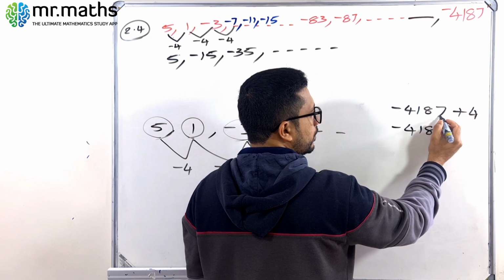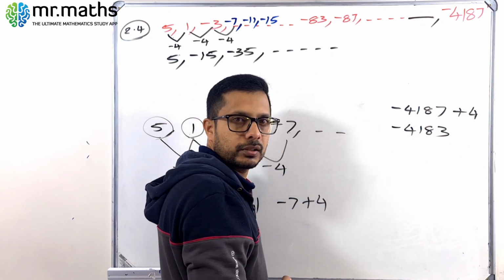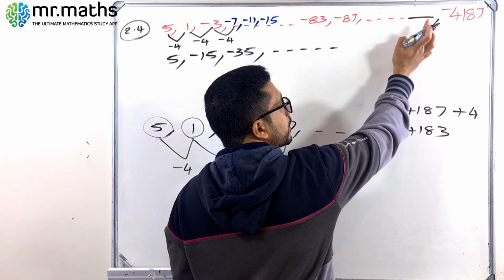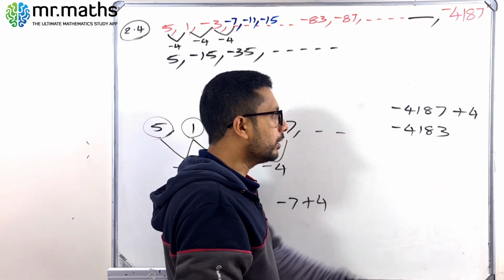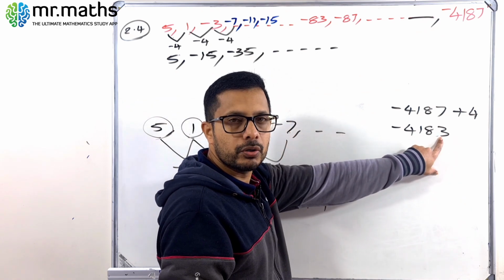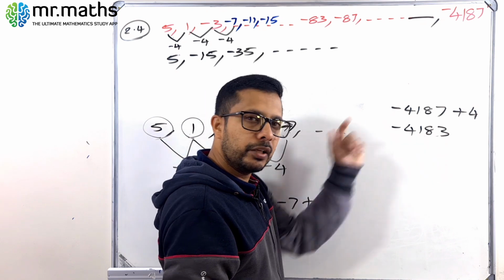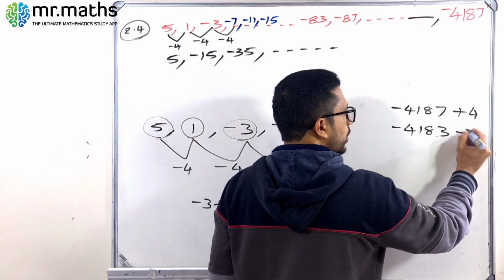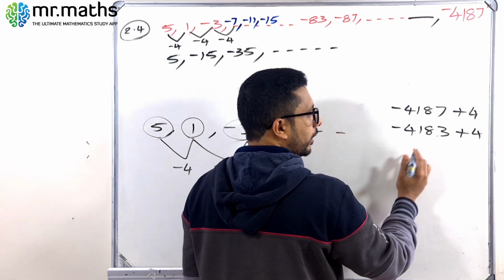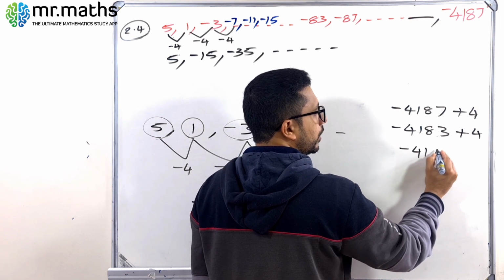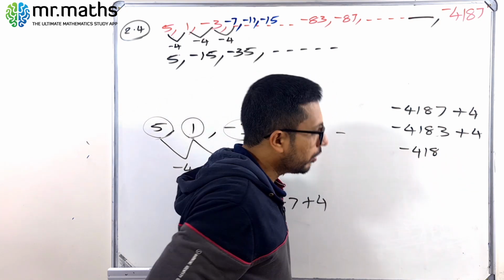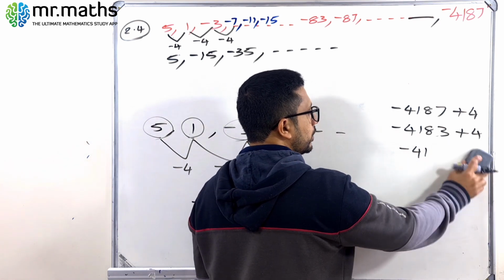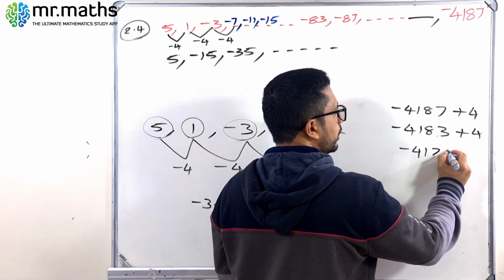Okay, so the previous number is minus 4183. Then here the last digit is 3, so it is not divisible by 5. Again we have to find the previous number, so plus 4. So check in your calculator, what is the answer? Minus 4179. If you can't find it mentally, check in your calculator.